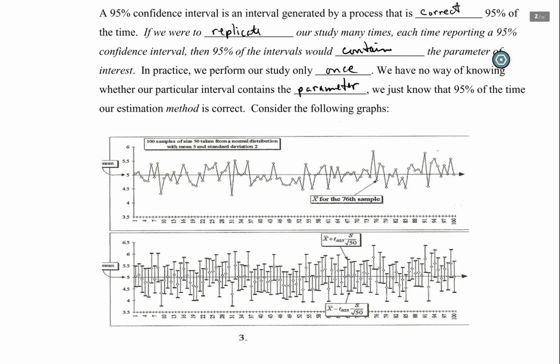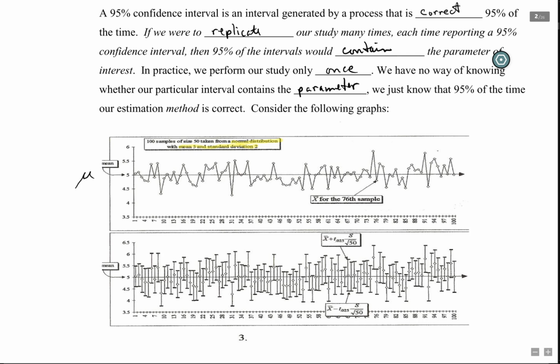They're run graphs, and basically what's happening here is we have a population, a normal distribution, and the population mean is 5 and the standard deviation is 2.